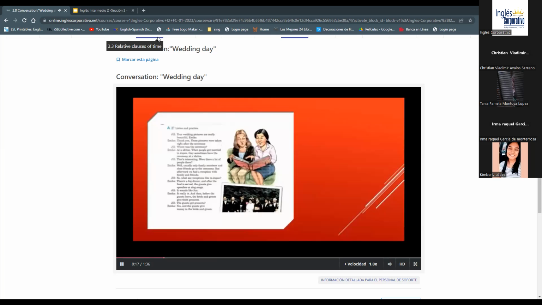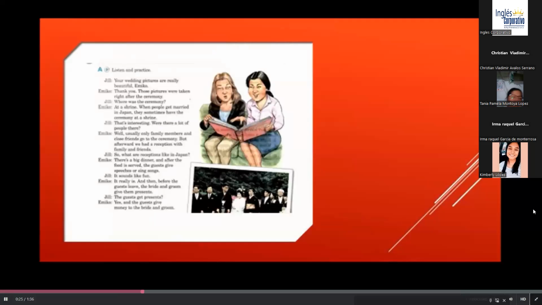Your wedding pictures are really beautiful, Emiko. Thank you. Those pictures were taken right after the ceremony. Where was the ceremony? At a shrine. When people get married in Japan, they sometimes have the ceremony at a shrine. That's interesting. Were there a lot of people there? Well, usually only family members and close friends go to the ceremony.